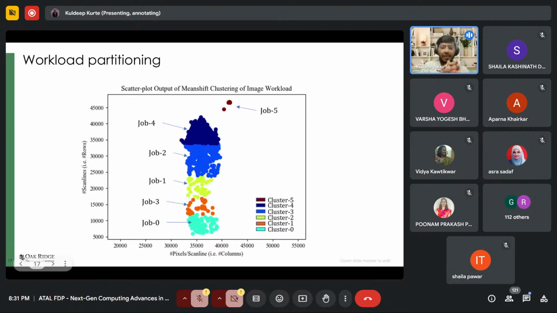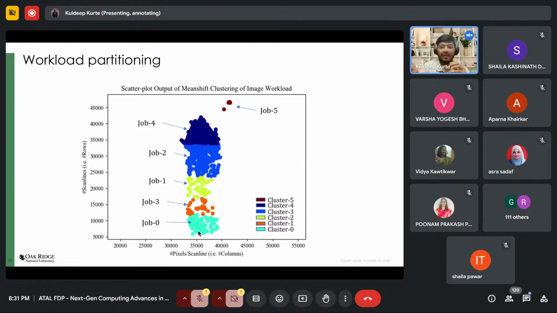Now, once we have these jobs, we addressed one thing: we don't want to submit the entire workload as one particular job. We segregated it into different partitions based on some criteria, and for each partition, we have an independent job. Now, this job is no more dependent on the execution of job zero.